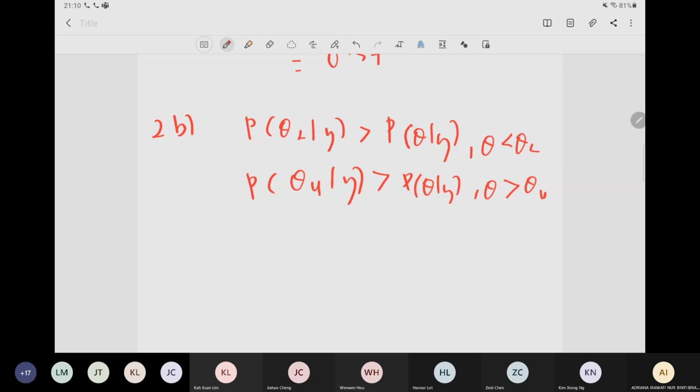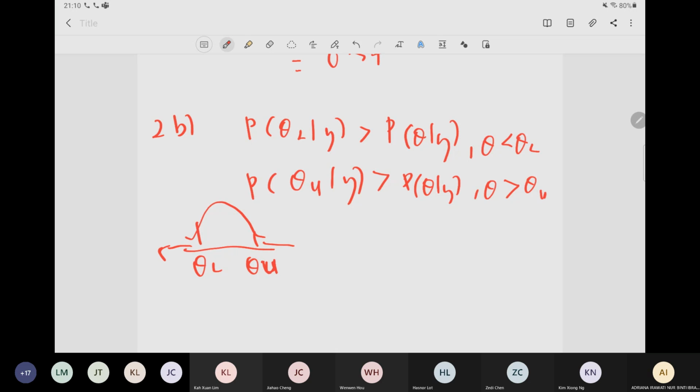Because they're symmetric, if you draw it, for any value, if this is your lower limit and this is your upper limit, for any theta which is less than your lower limit, your posterior must be higher. So for theta less than theta L, or theta bigger than theta U, sorry, this should be lower and this should be upper.